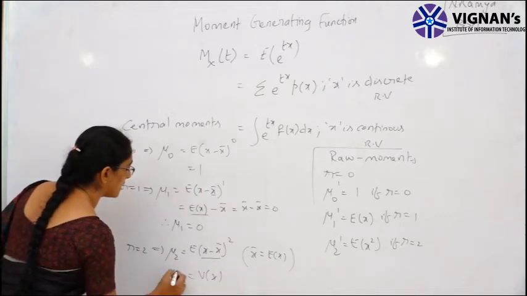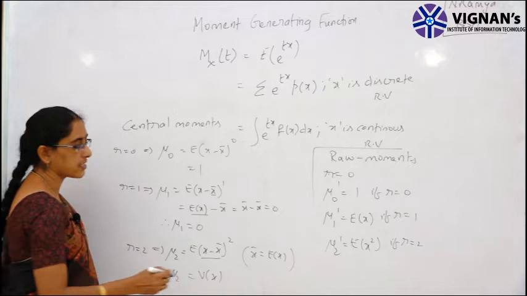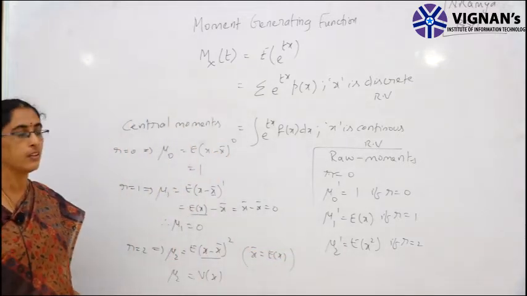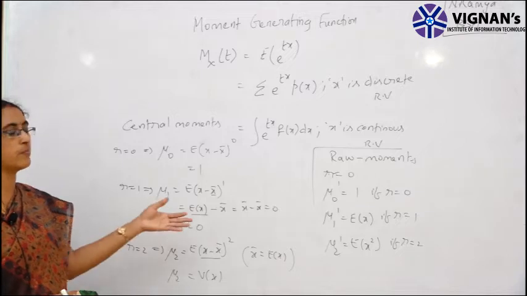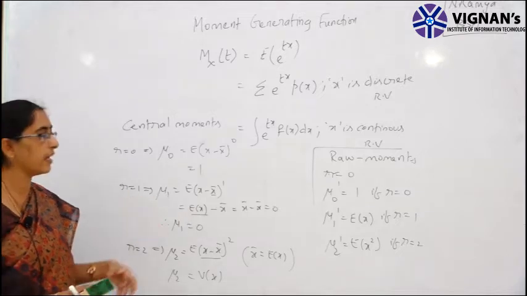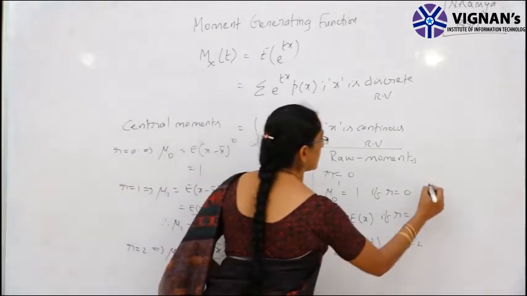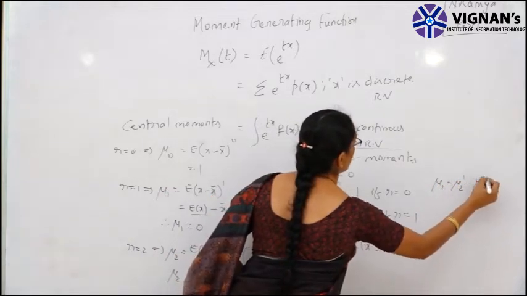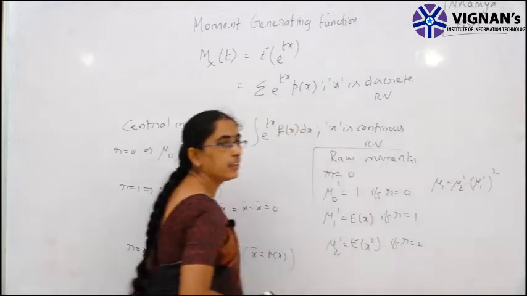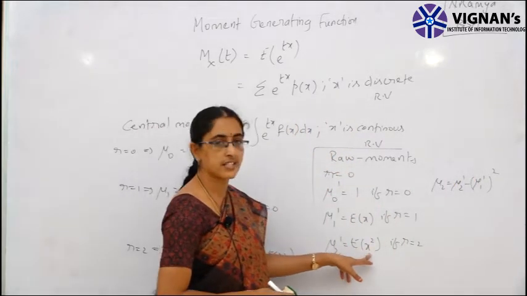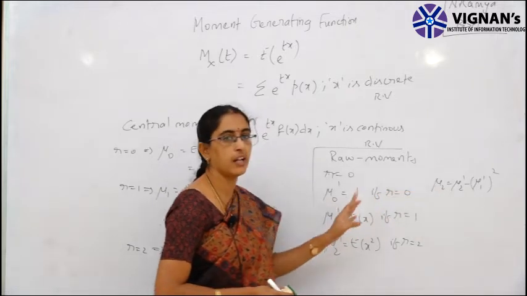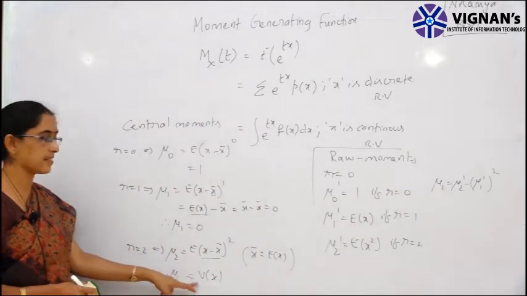So the second central moment is variance of x and the second raw moment is expectation of x square. Also we can have a relation between the raw and central moments, like we can represent mu 2 as mu 2 dash minus (mu 1 dash) whole square. That is, mu 2 dash is expectation of x square and mu 1 dash is expectation of x, which is nothing but the formula for variance of x.